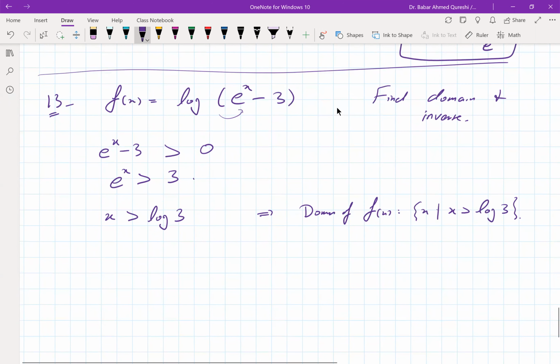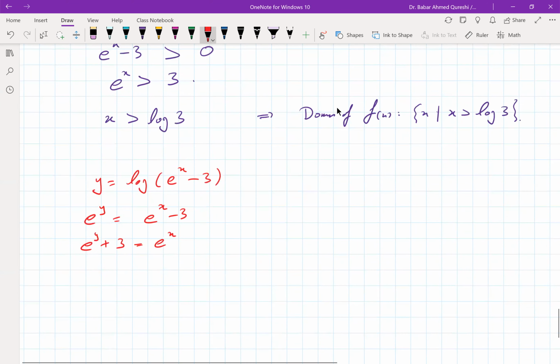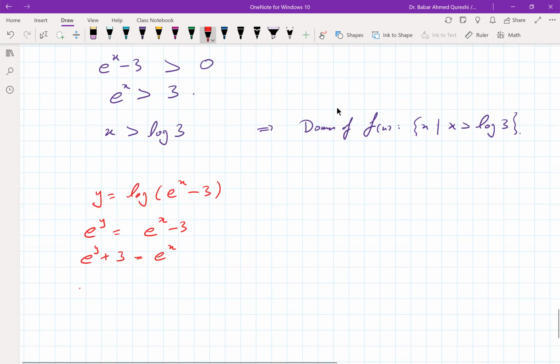And if you want to find the inverse, just write it like this and solve for x. So I take e to the y, e cancels the log, I get e^x minus 3, e to the y plus 3 gives me e^x. Now I take the log, x is log of 3 plus e^y.